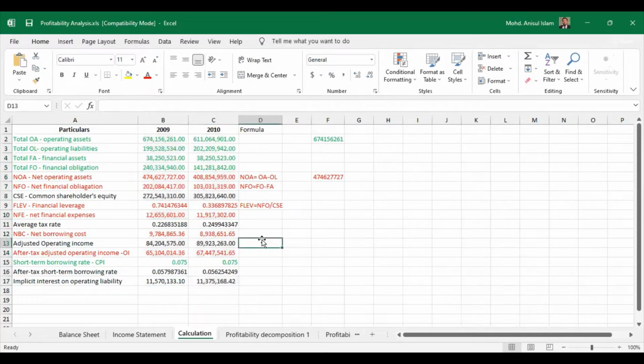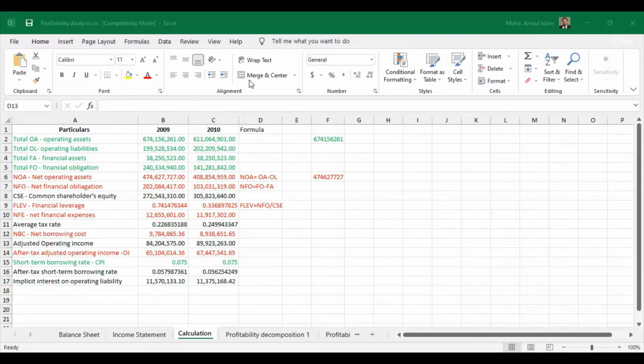Good. You can recall that common shareholders' equity can be computed. We know which items are included in the common shareholders' equity, and it can also be computed by subtracting the net financial obligations from the net operating assets.